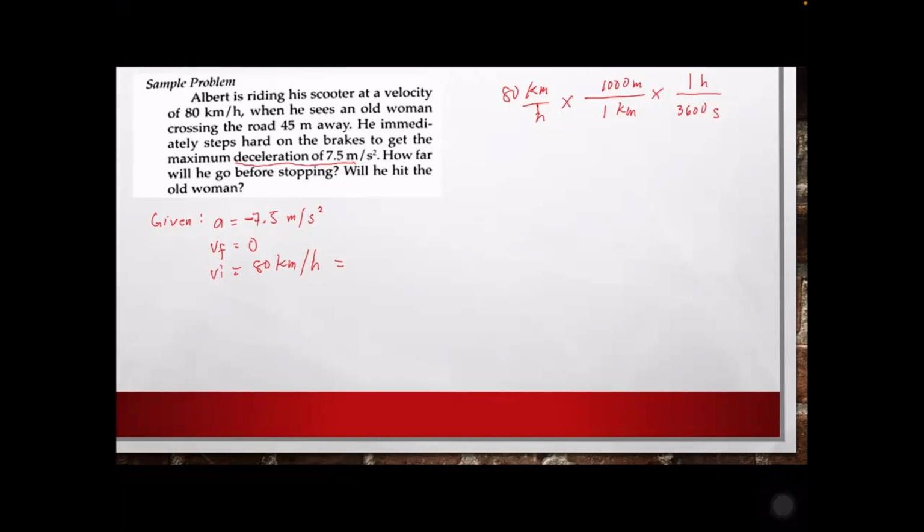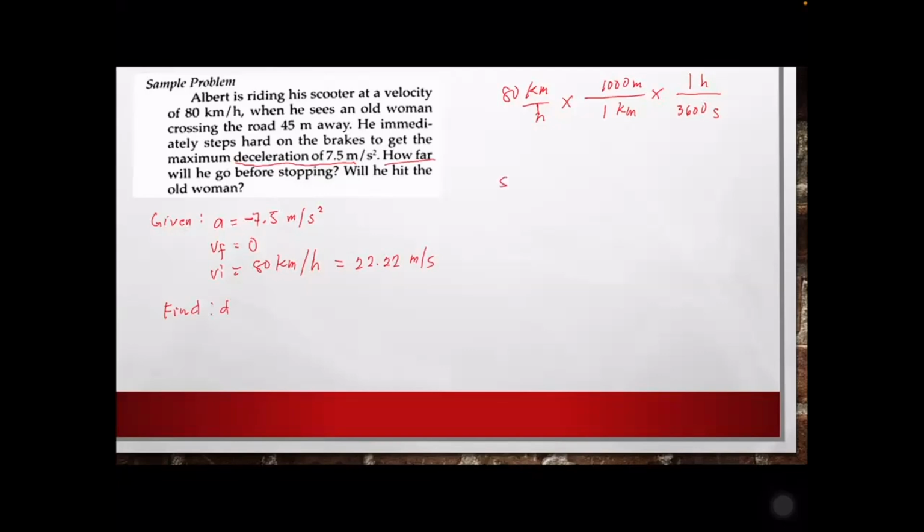We can have 22.22 po. Okay, so this is 22.22 meter per second. Kasi velocity na, that's meter per second. So, in this case, we have to find for d, kasi based on the problem is how far.